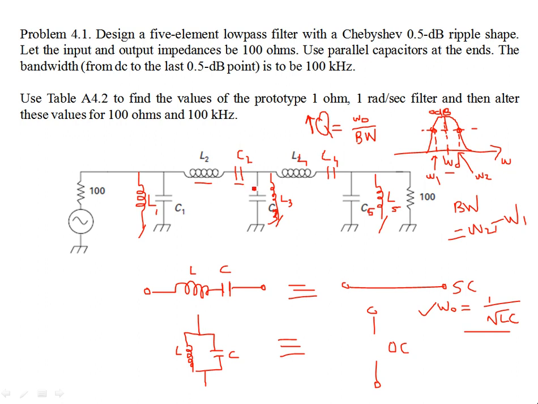If you write this as omega L for the series branch, omega L minus 1 over omega C, this is your series branch reactance. And if you differentiate this with respect to omega, let's do that.